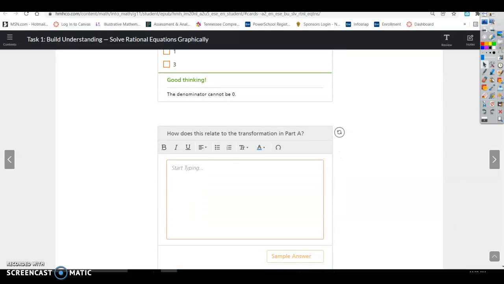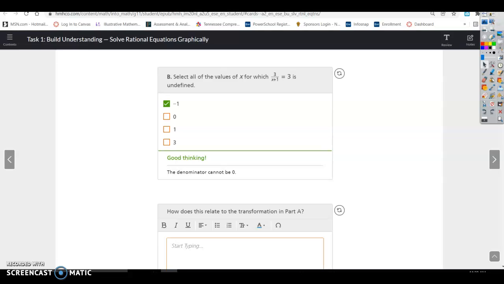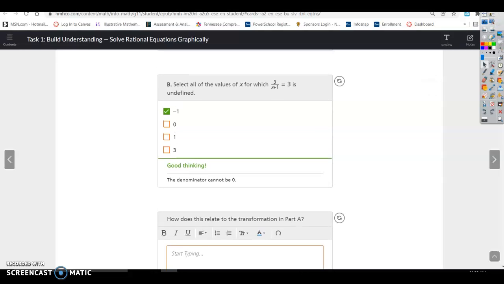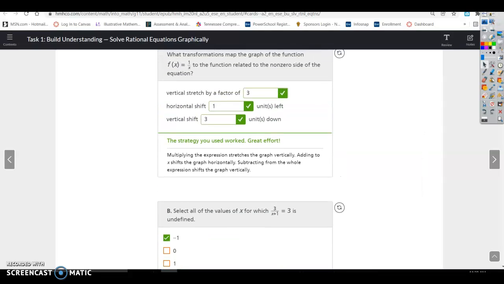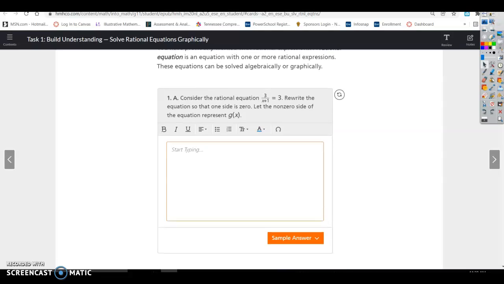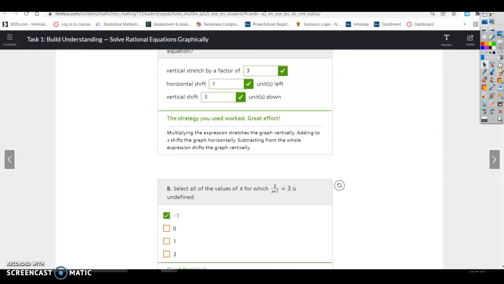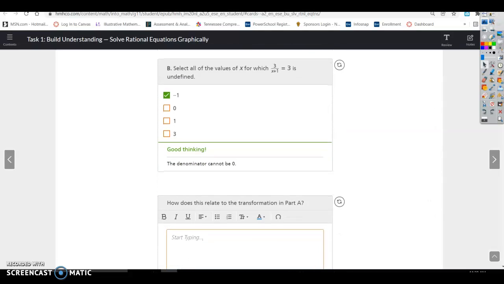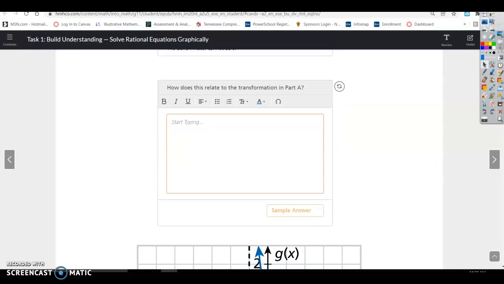How does this relate to the transformation in part A? All we did was subtract the negative 3 over, so it should be pretty much the same excluded value.